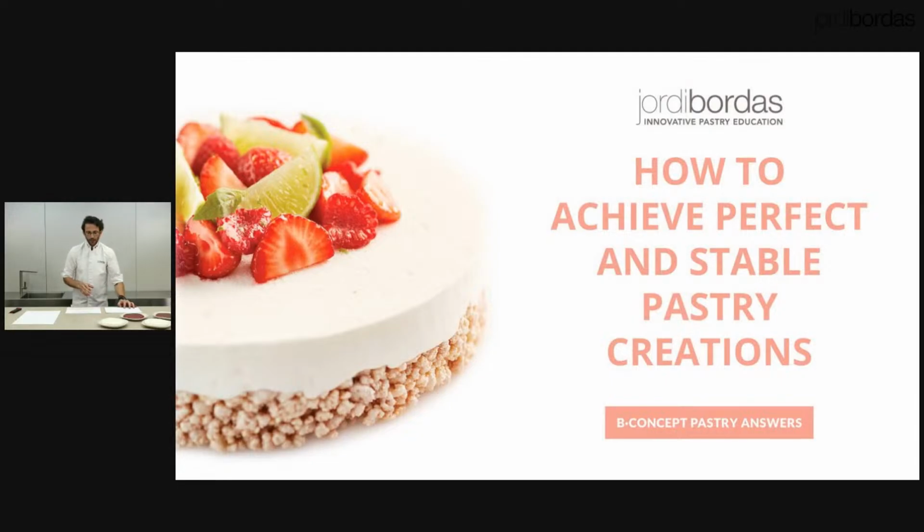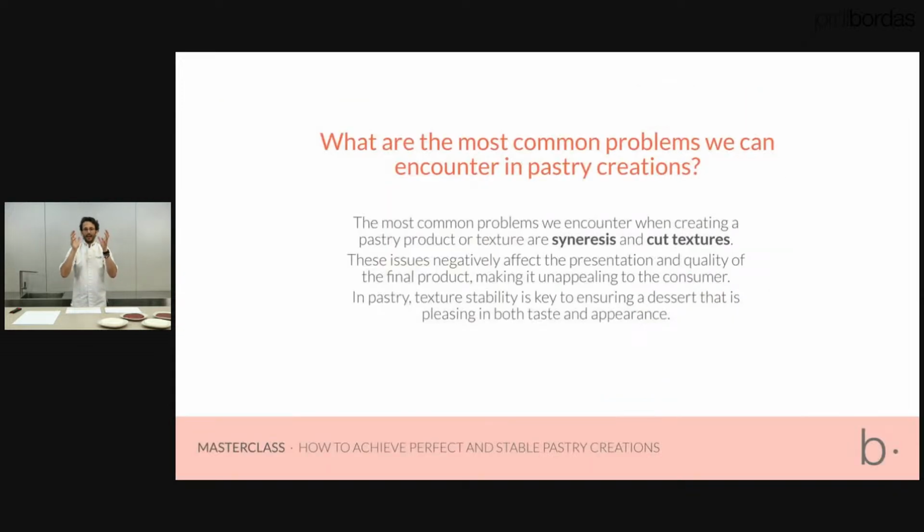In general, the most common problems in pastry when we freeze and thaw are syneresis, or cut or split textures. These are generally recipes based on water, like gel textures, compotes, creamy textures in any use in pastry, or aerated textures like mousses.